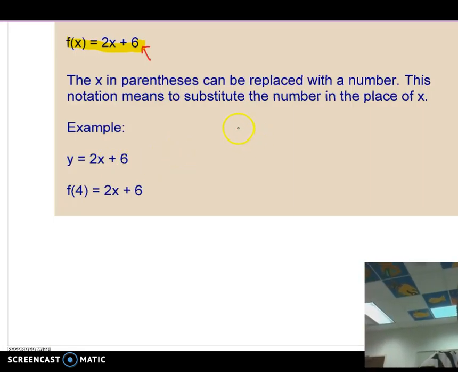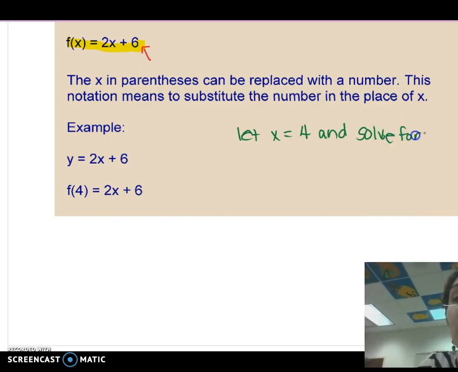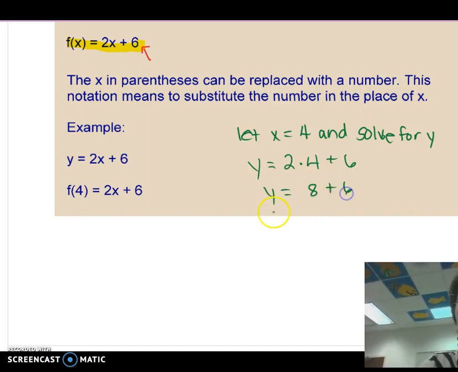Let's let x equal 4 and solve for y. You know how to do this. We're going to put 4 in the place of x. So y equals 2 times 4 instead of 2 times x plus 6, and we end up with 8 plus 6. So y is 14.